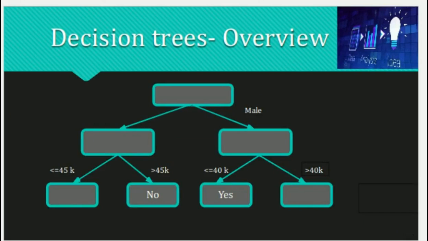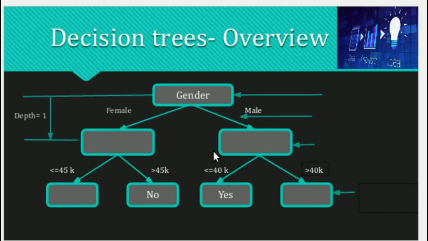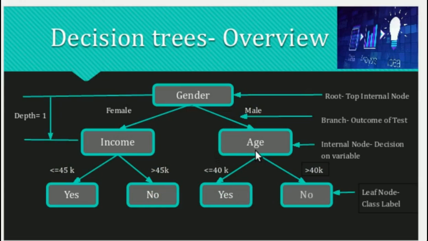A decision tree is a flowchart-like tree. Internal nodes are decision or test points. Each internal node is referred to as an input or an attribute. The top internal node is called the root node. It represents the entire population or sample, and this further gets divided into two or more homogeneous sets.